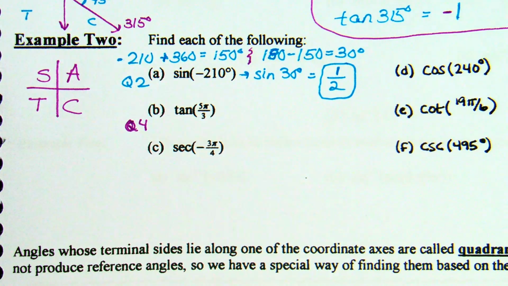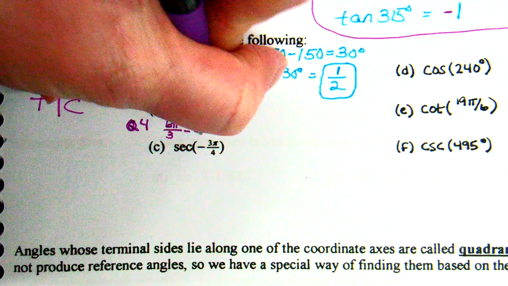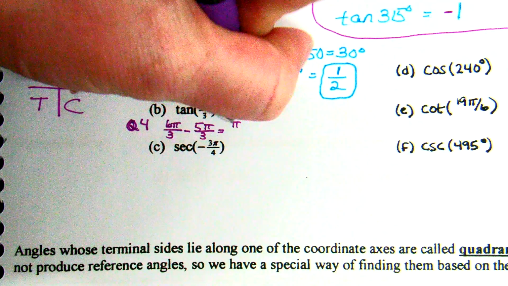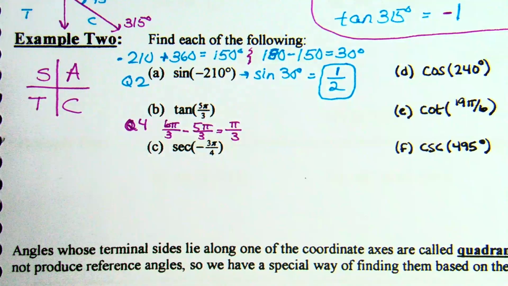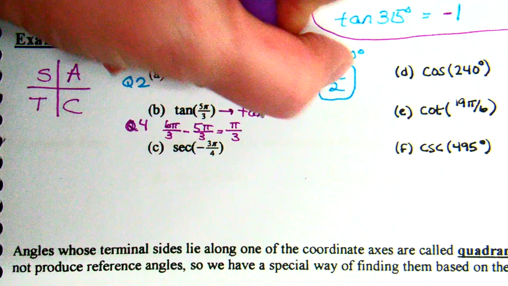Okay? So, 6 pi over 3 minus 5 pi over 3 is pi over 3. So that means the question I'm asking myself is, what is the tangent of pi over 3?